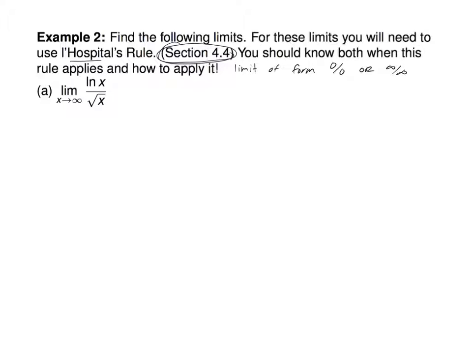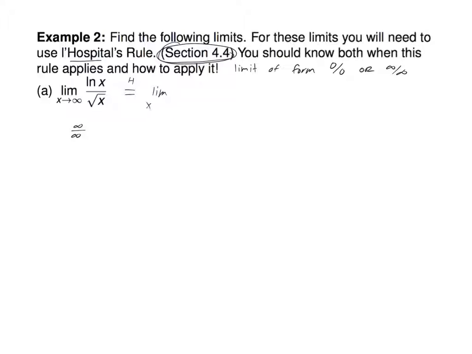So for this function, what happens to the natural log as x goes to infinity? Goes to infinity. How about root x? Also goes to infinity. So this is an infinity over infinity thing, and you can use L'Hopital's rule. Usually we put a little h over the equals sign.